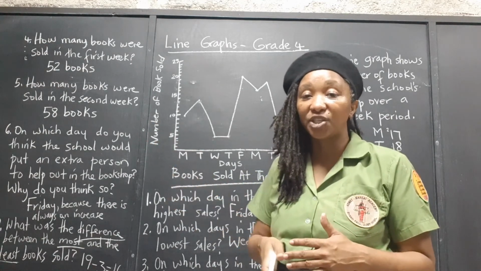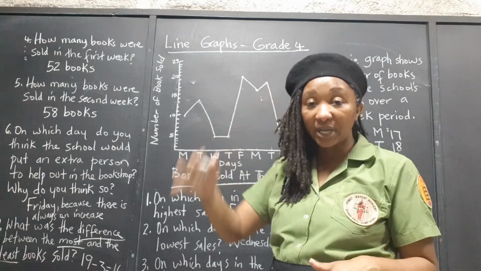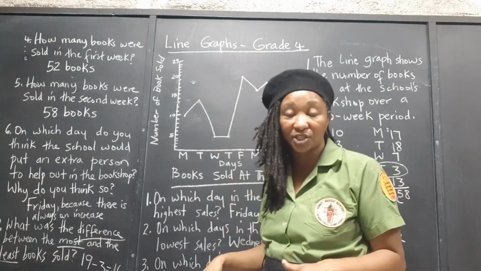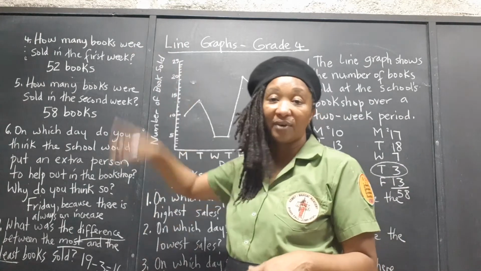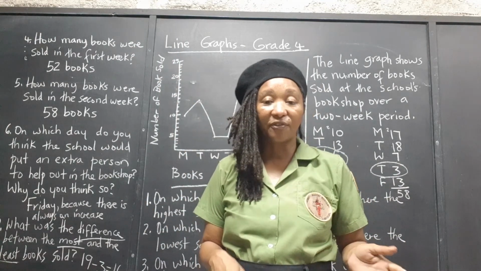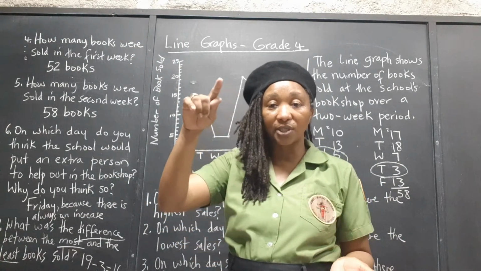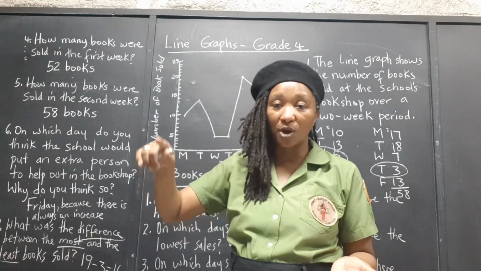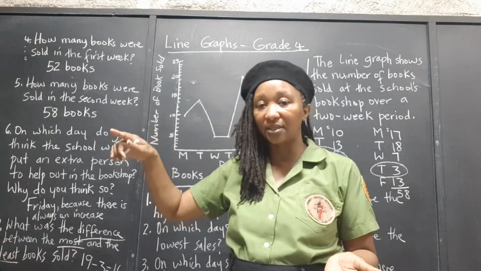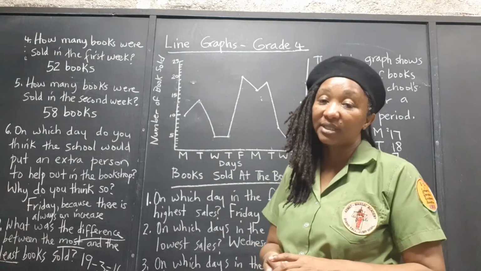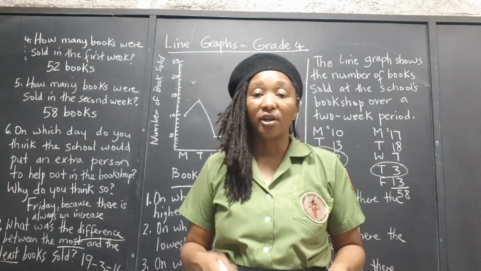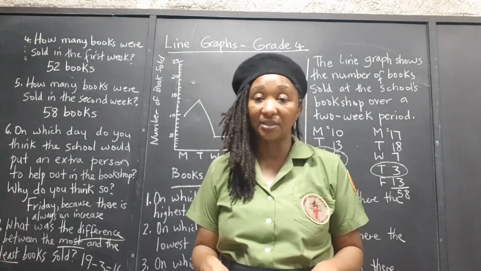Is it increasing sharply? Is it decreasing gradually or decreasing sharply? Is it just haphazard all over the place? Does it fluctuate? Slowly goes up, then might go down, then up a little, down a little, up, then down, right? Those are the kind of patterns that we look for in order to make our comparisons.